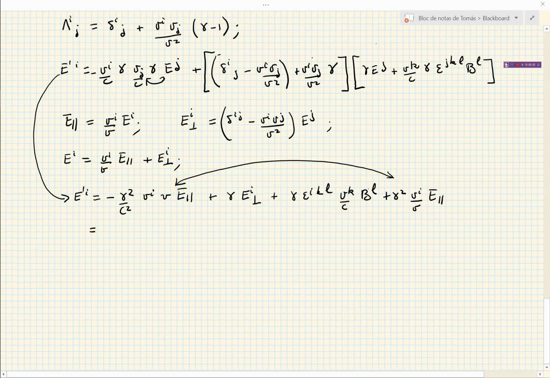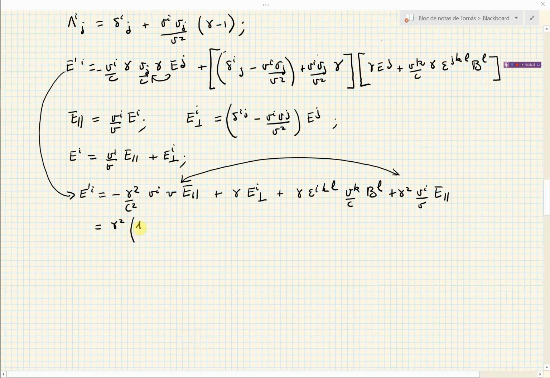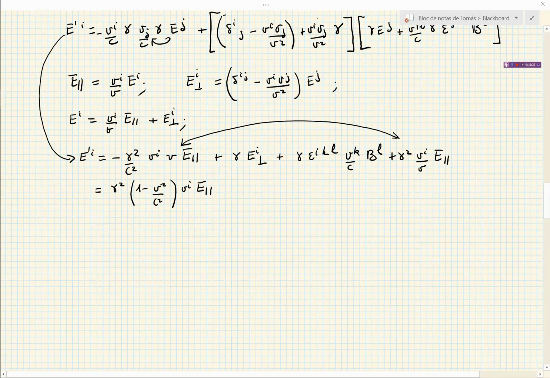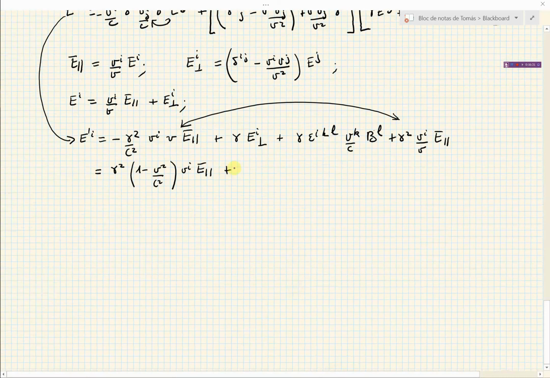into gamma squared, 1 minus v squared divided by c squared, vi parallel, plus gamma ei orthogonal plus gamma epsilon ikl vk divided by c bl.